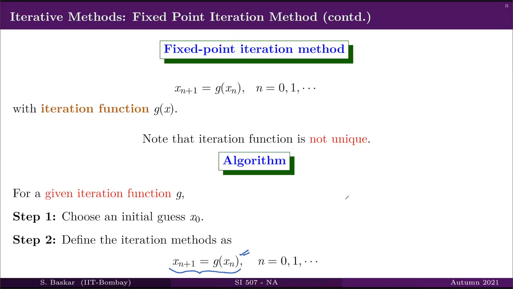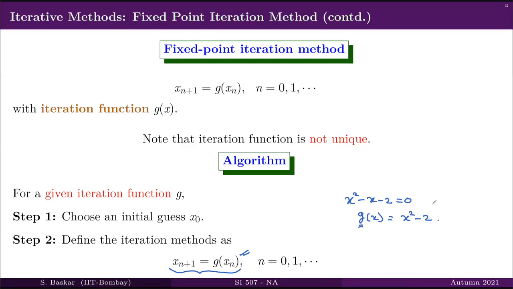Once you have these two pieces of information, then you can start generating your iterative sequence using this formula. For instance, if your equation is x square minus x minus 2 equal to 0, like in the previous example, and you decided to choose g of x is equal to x square minus 2, then you can set up an iterative sequence using this function g.